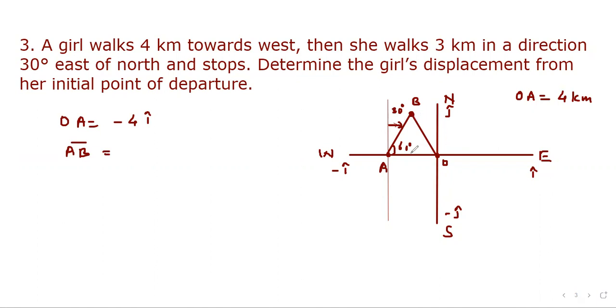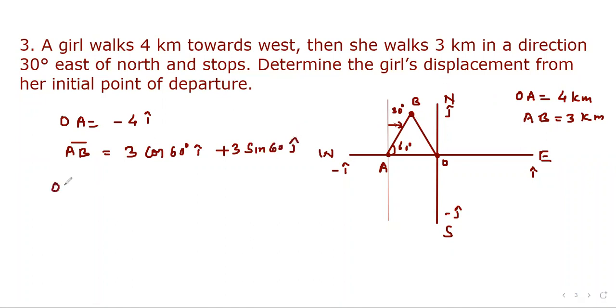So AB will be equal to, this is 3 kilometer, AB is given as 3 kilometer. So we take the component: cos theta component, then 3 cos 60-degree i cap, and then the perpendicular component 3 sine 60-degree j cap.